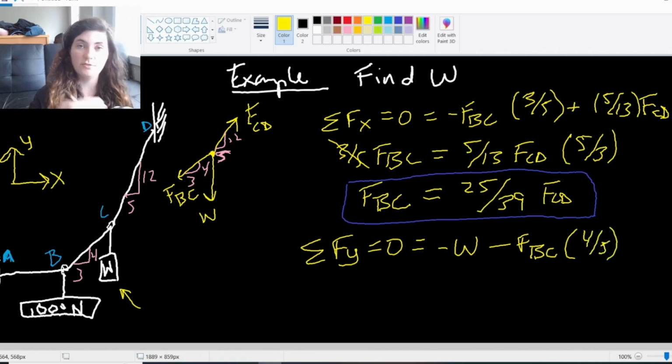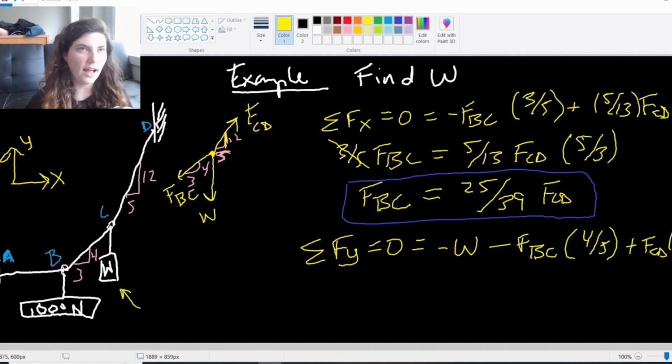Right, 4 is the y component of that 3, 4, 5 triangle, plus FCD. The y component of FCD is the 12 portion, 12/13 from the 5, 12, 13 triangle.